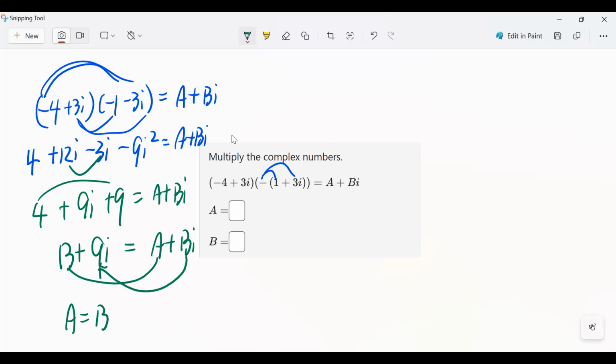B equals 9. So no matter how complicated it is, eventually you're going to come down to a simplified complex number with a real part and an imaginary part. So 13 and 9.